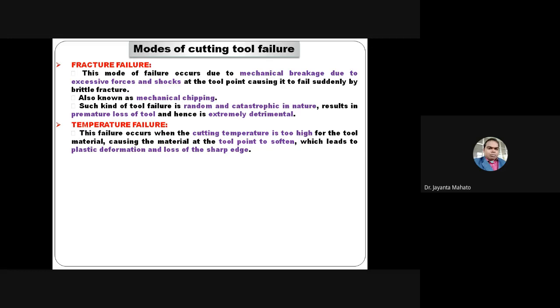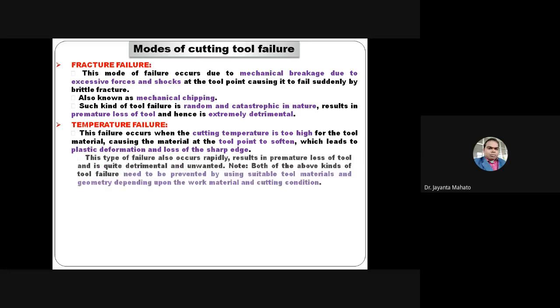Due to this high temperature, the material gets softened and easily deforms plastically. So the sharpness of the edge of the tool is low. This type of failure is a temperature failure.